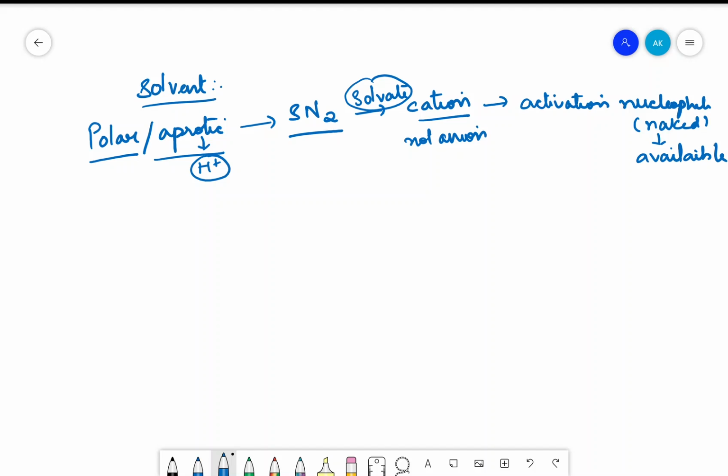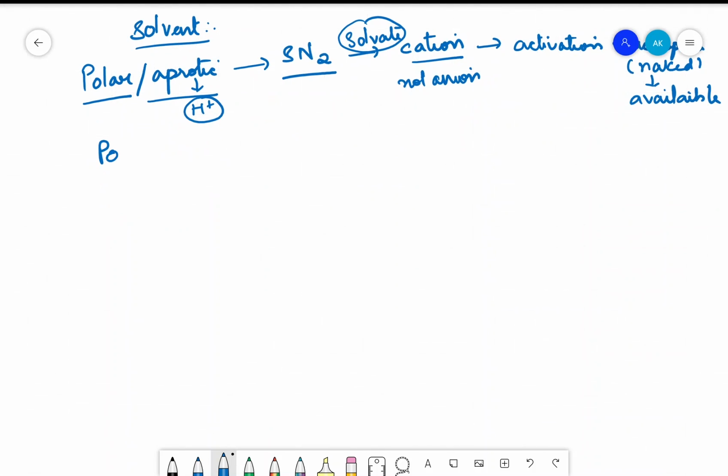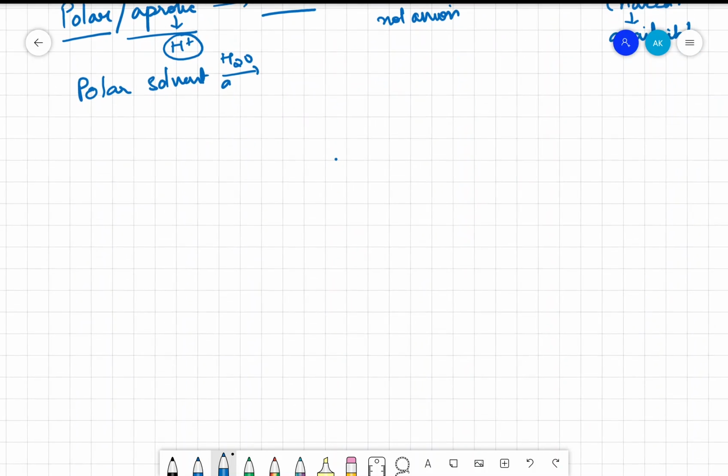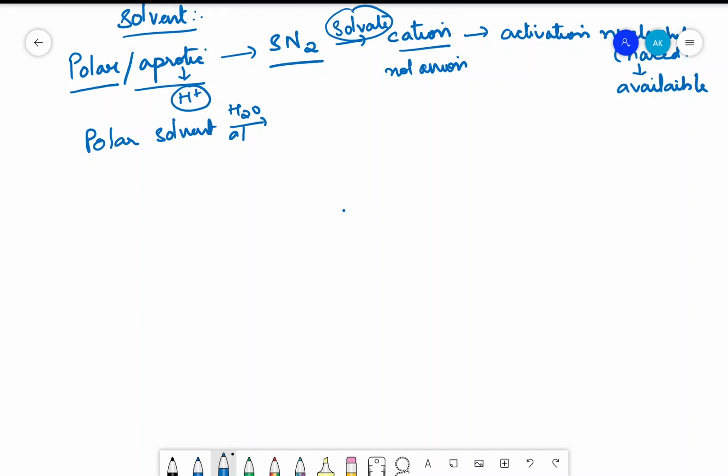Next one is polar solvents such as water or alcohol, ROH, which contains hydrogen. That means it is a polar protic solvent.